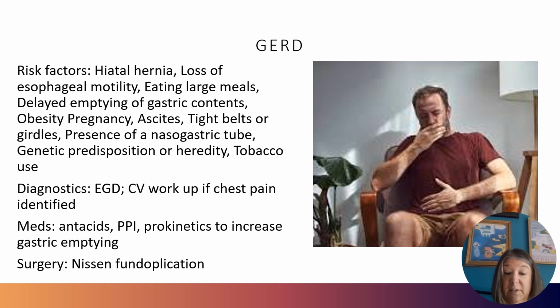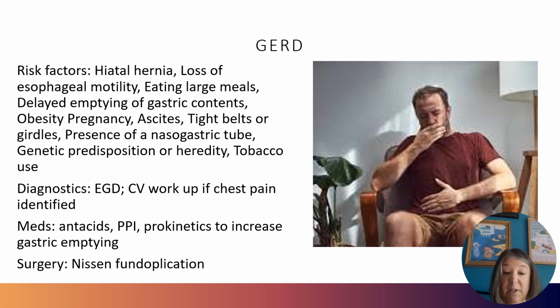So diagnostics are EGD, and don't forget, if our person says they have chest pain, we're going to believe them and work up that CV, you know, so EKG, all that stuff. Meds, same as usual, antacids, PPIs, prokinetics to increase gastric emptying. Prokinetics get that stomach to work a little bit faster.